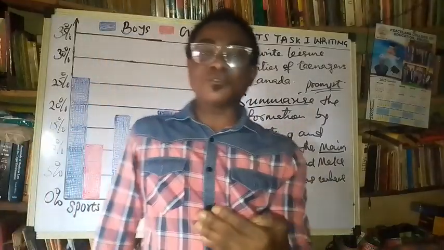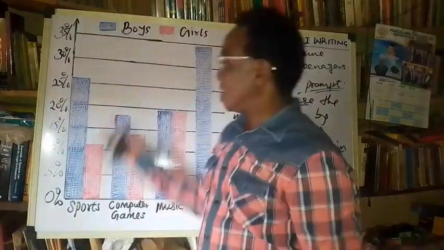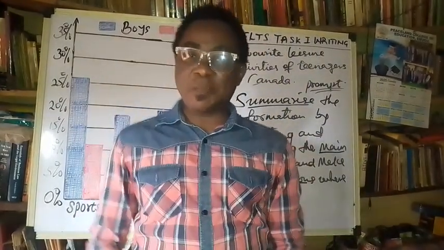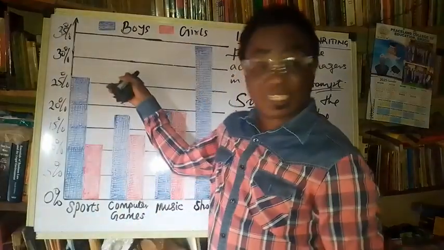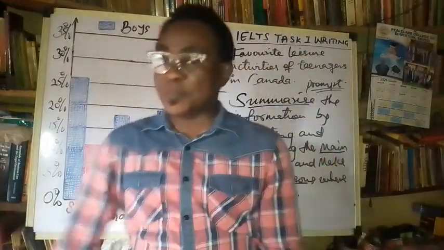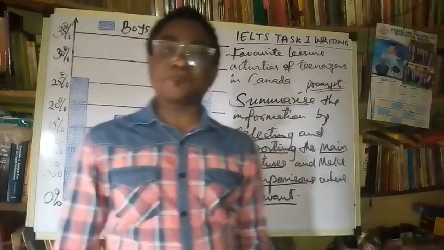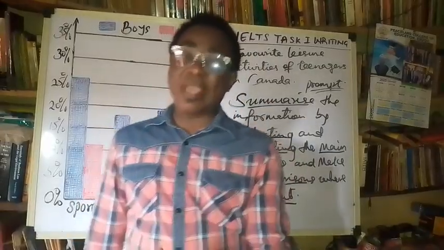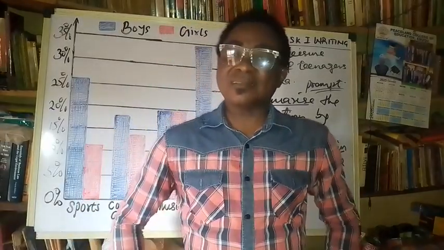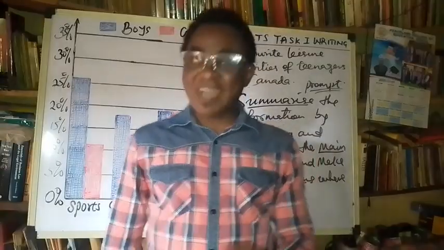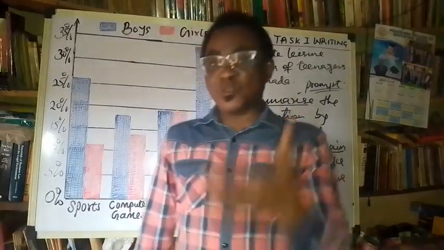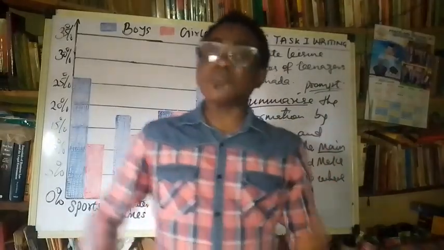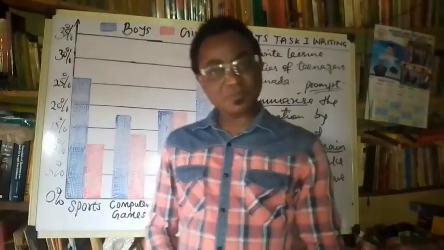We should talk about what the bar charts are talking about. What does the statistical model represent? And then, who are involved? Where did the study take place? What are the values? That is, what are the units of measurement? The units that are used to measure the values that we are studying.